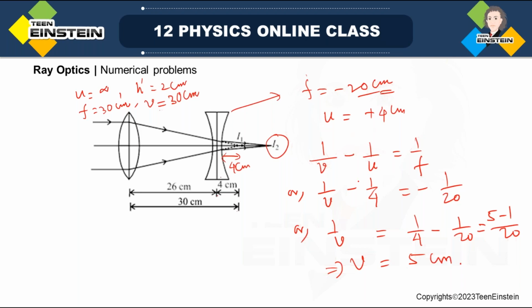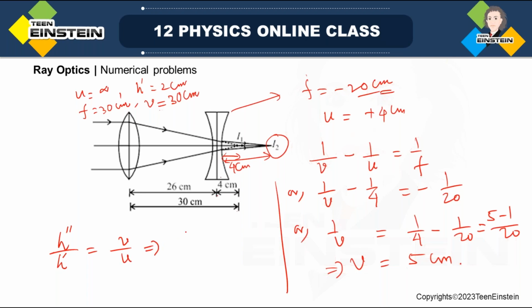Once you know the image distance, you have to find the image size.